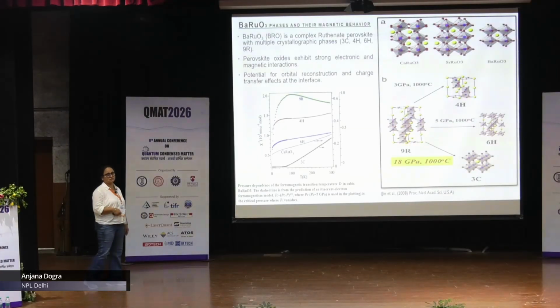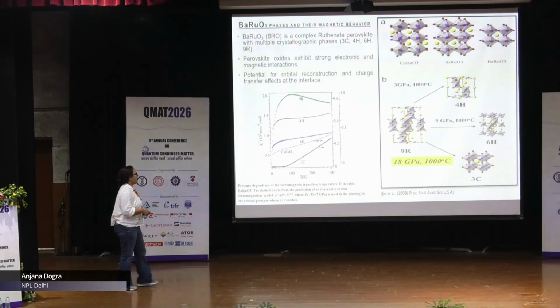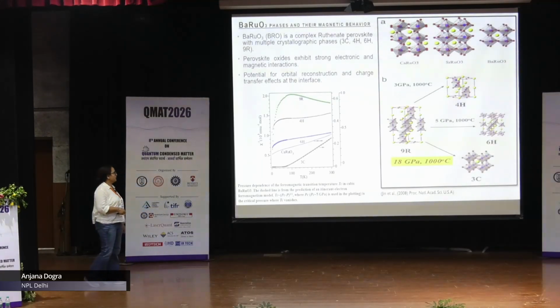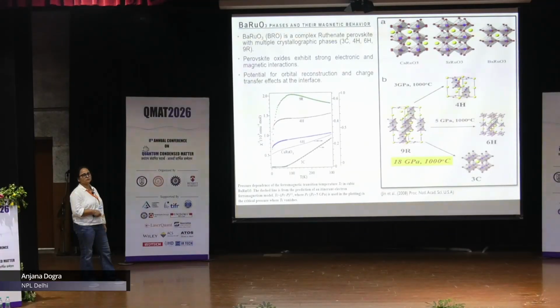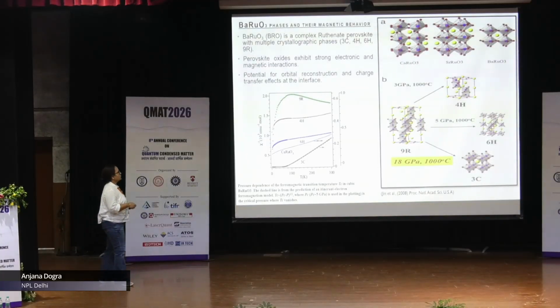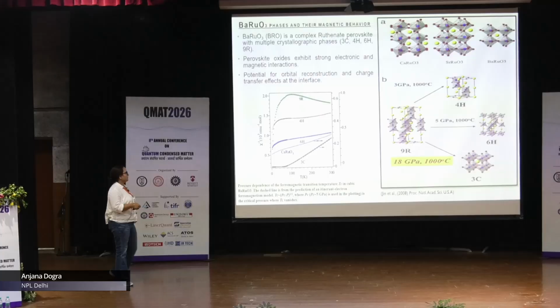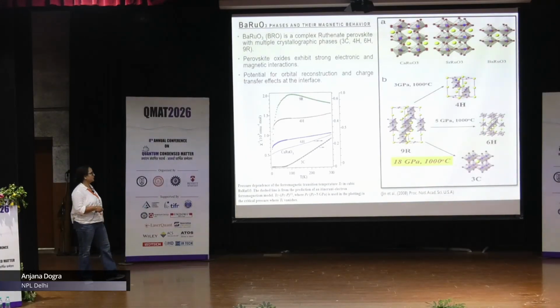These are the different phases, and you can see the susceptibility. If you go to the 3C phase, only then will you observe ferromagnetism or magnetic character in these kinds of structures. However, when you move to 9R, the magnetic moment will reduce.